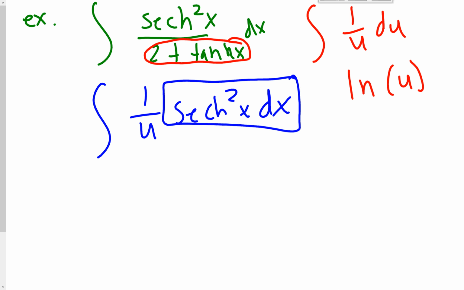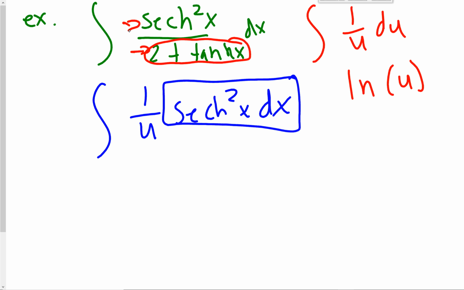So I'm looking at my top and my bottom, and I'm looking in my list on page 466 at the inverse hyperbolics, or my straightforward derivatives on page 464, for where I have an answer of this.